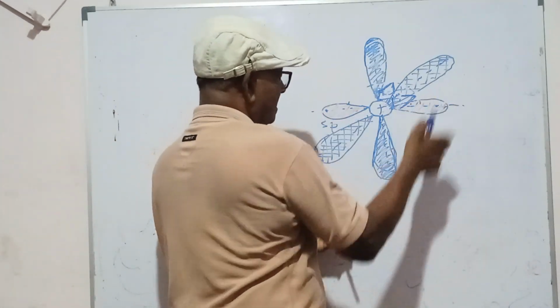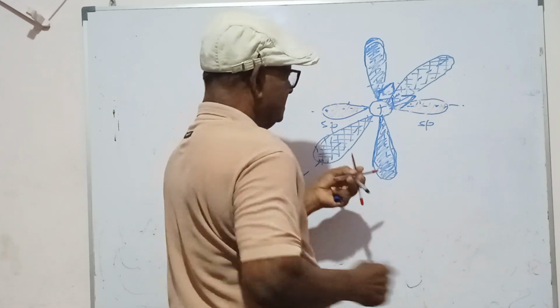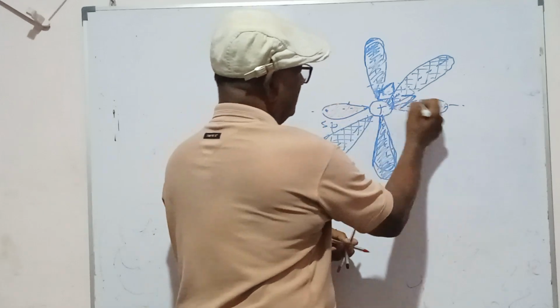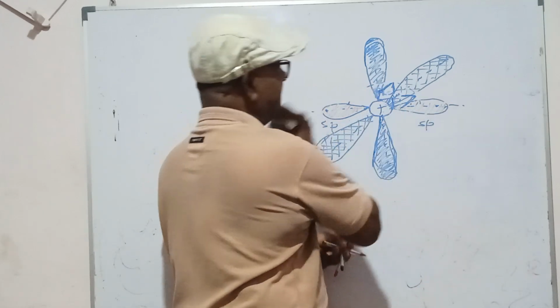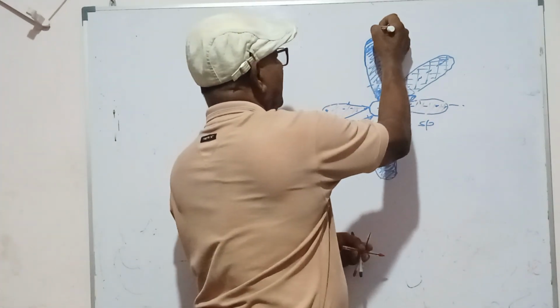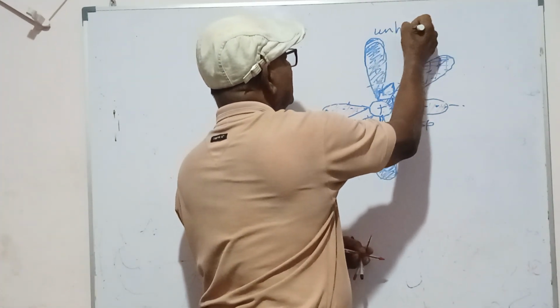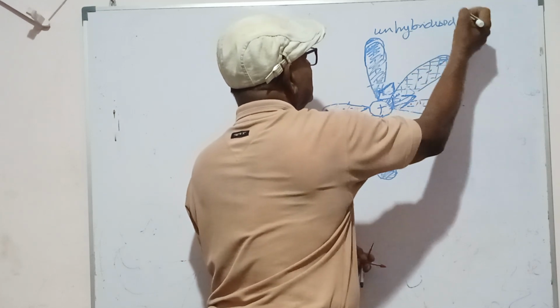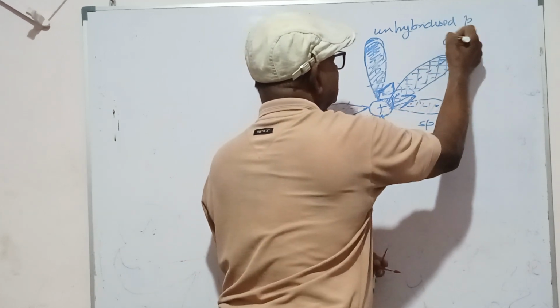These two are the sp hybridized orbitals with angle 180. These two are the unhybridized p orbitals.